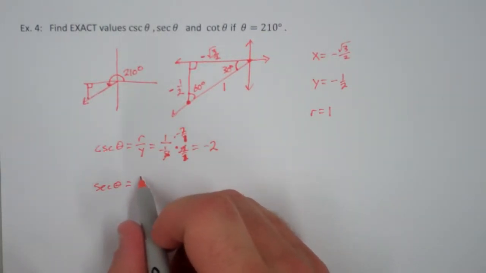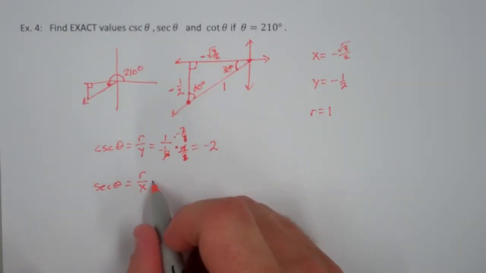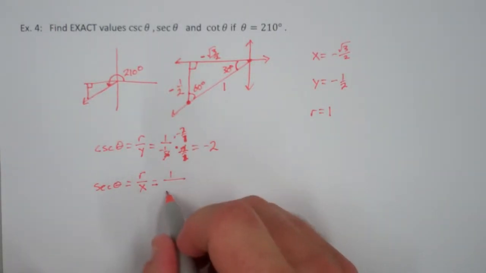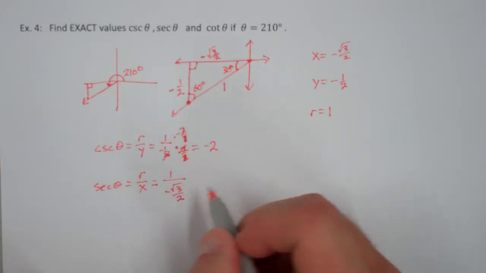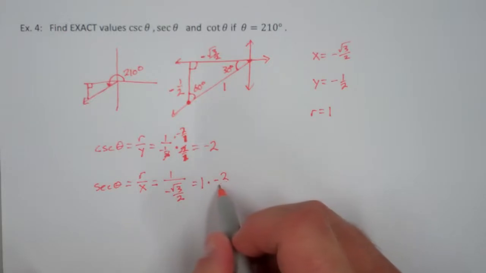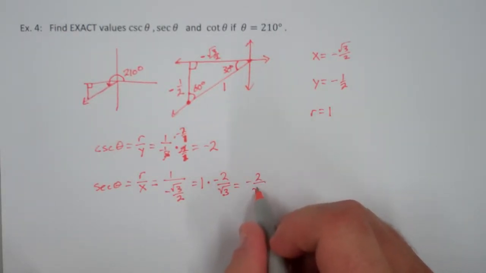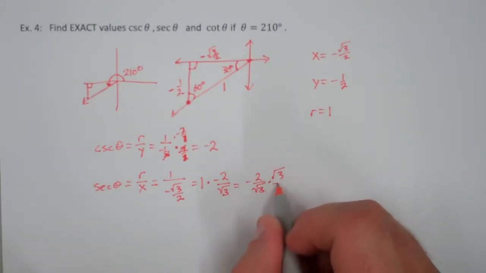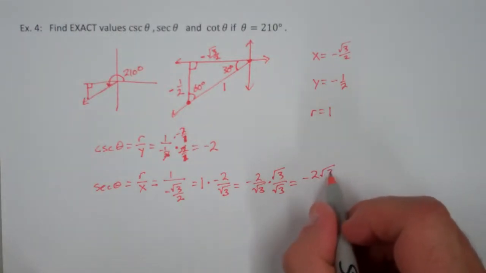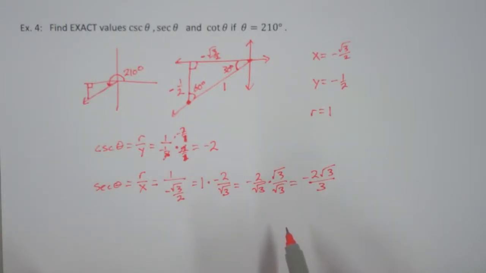And the secant is going to be the reciprocal of the cosine, so the cosine is x over r, so we'll use r over x. And now we've got 1 over negative √3/2. So that's the same as 1 times negative 2 over √3, which is negative 2 over √3, multiply by √3 over √3, and we've got negative 2√3 over 3. √3 times √3 would be 3.